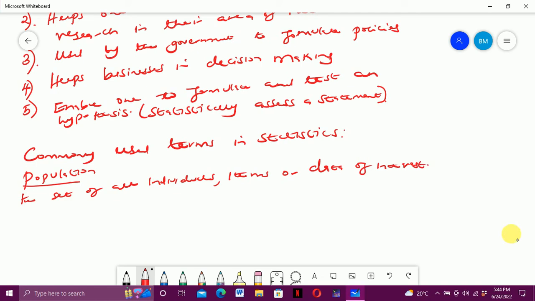So we can say that this is the group about which scientists will generalize.